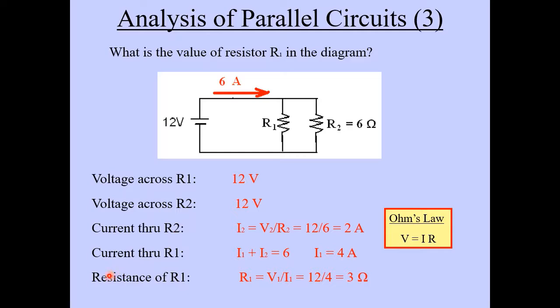Finally, what is the resistance of this resistor here, the one that we weren't given any information on? Well, we know that R1 is equal to V1 over I1. So V1 again is 12, and we've determined that I1, the current through here, is 4 amps. So 12 divided by 4 is 3 ohms. Therefore, this is a 3 ohm resistance.